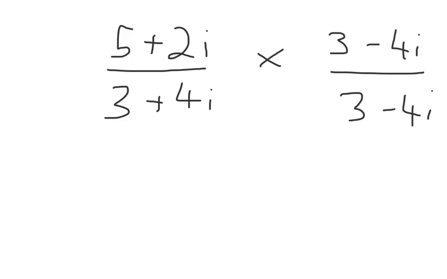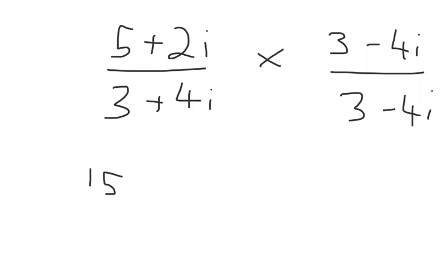And by doing this, by doing 3 minus 4i times 3 plus 4i, we can cancel out the 4i part, as let's see what happens. So 5 plus 2i times 3 minus 4i, that gives us 15.